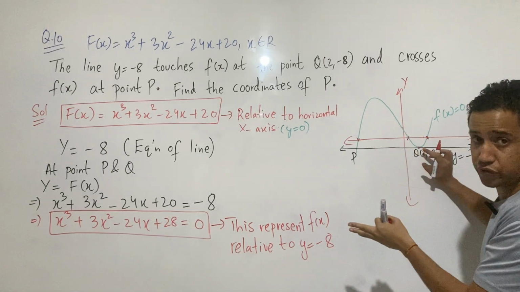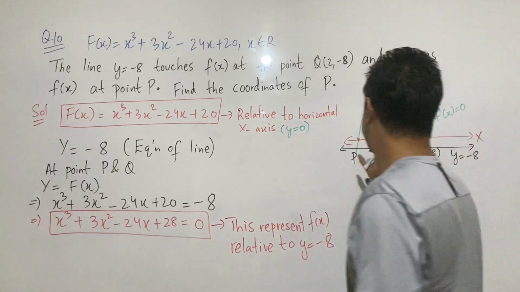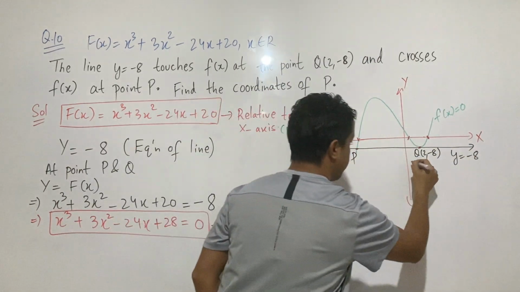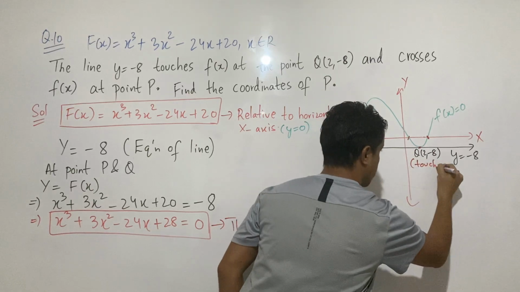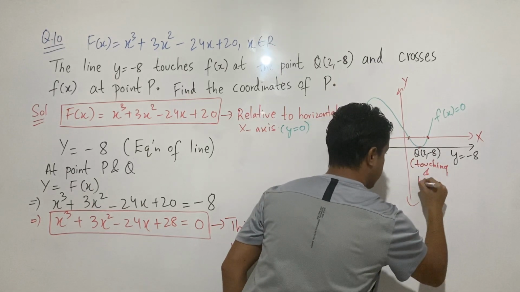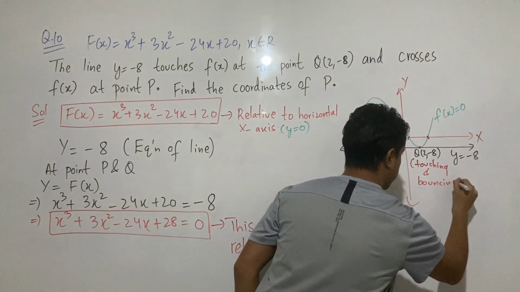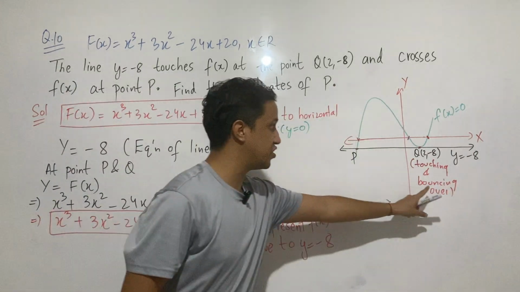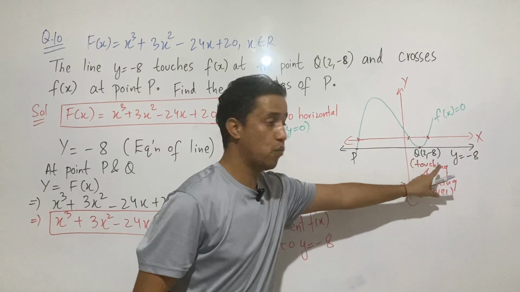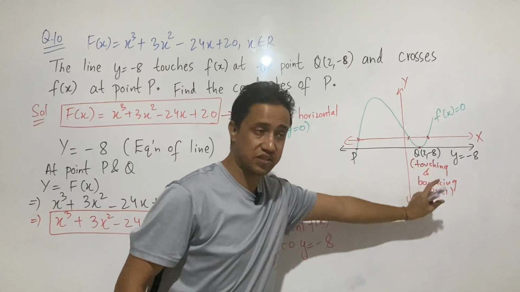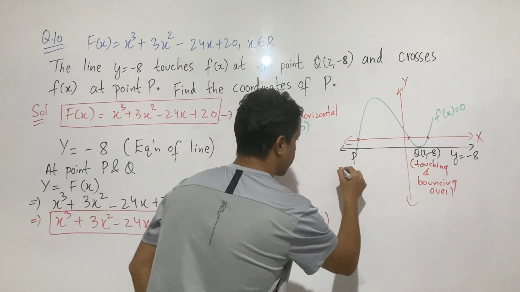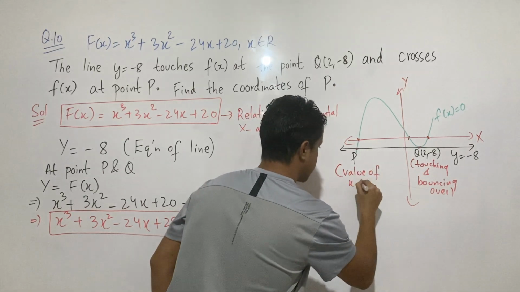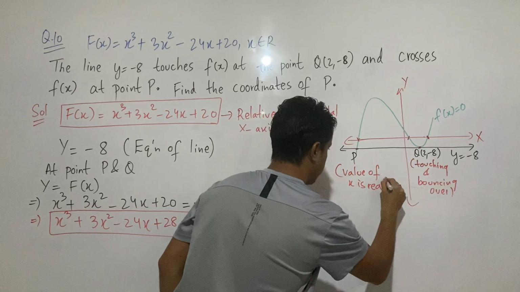It's not passing through, right? But if you look at point P, here, touching and bouncing over. What does it mean? It means here on this side the value is repeated. The solution of x is repeated, but here the value of x is real.